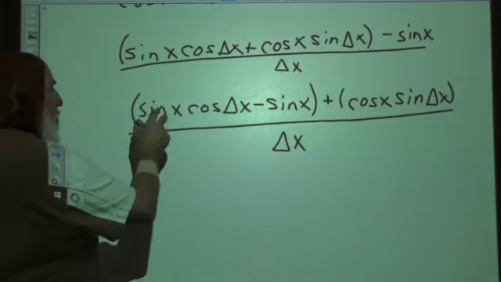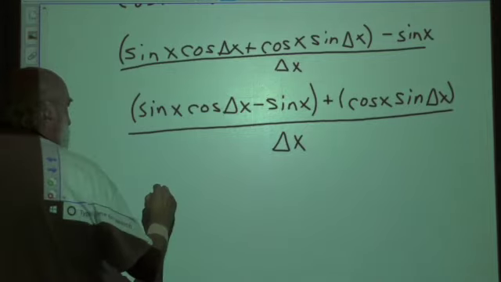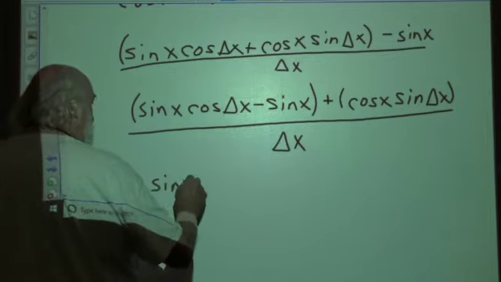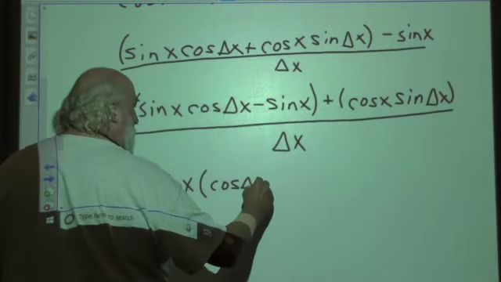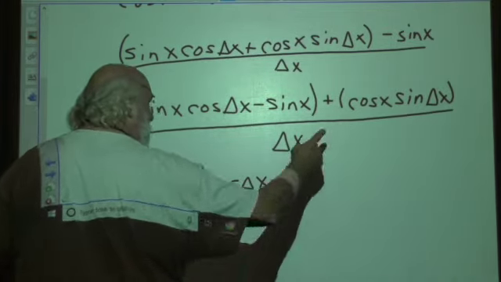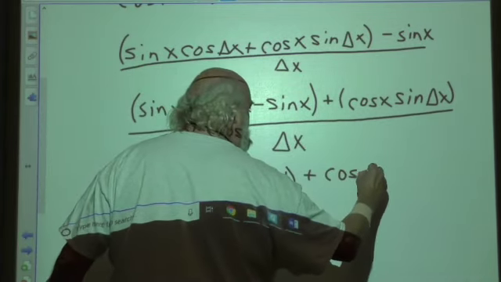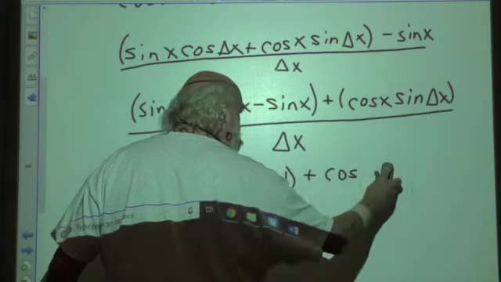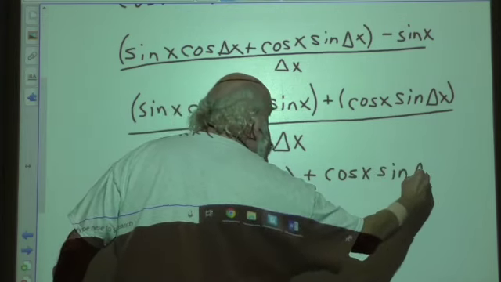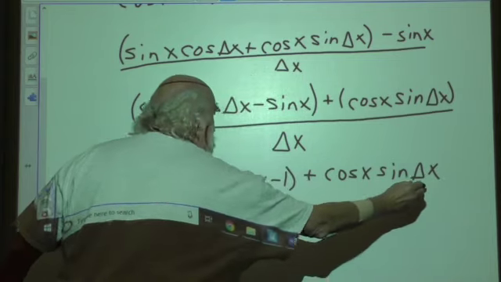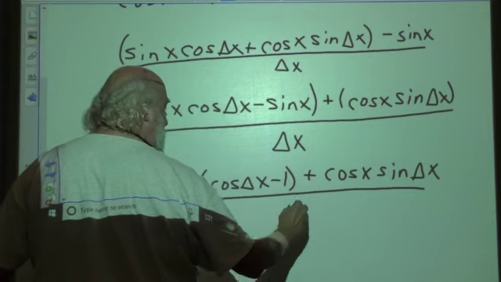Now, I can factor out a sine x right here. And so you get sine x times cosine delta x minus 1, and this stays as cosine x sine delta x, all over delta x.